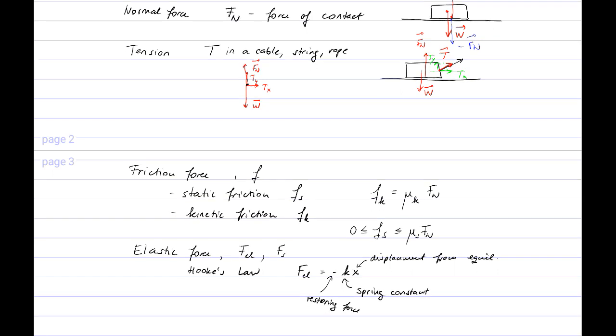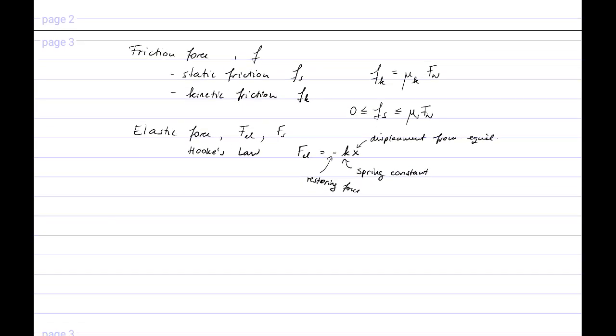Another force that we deal with in mechanics is the buoyant force. And that force usually has the symbol F sub B. For this, we actually need to talk about fluids a little bit.